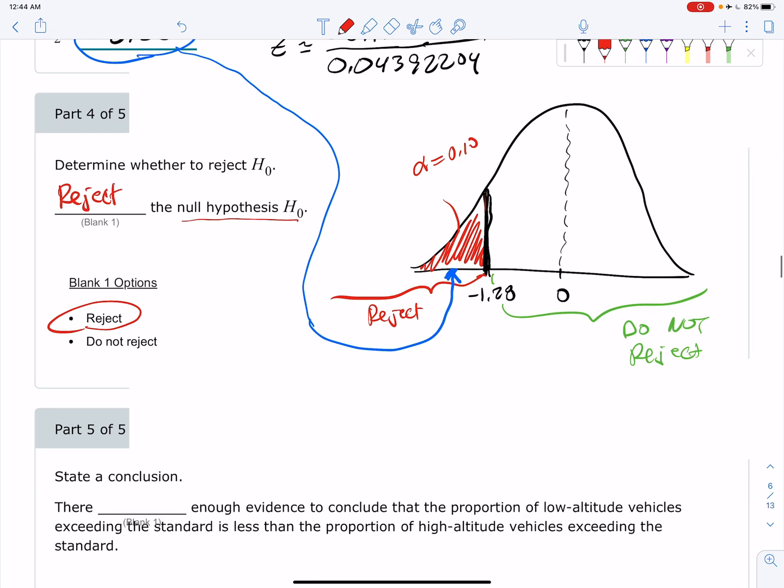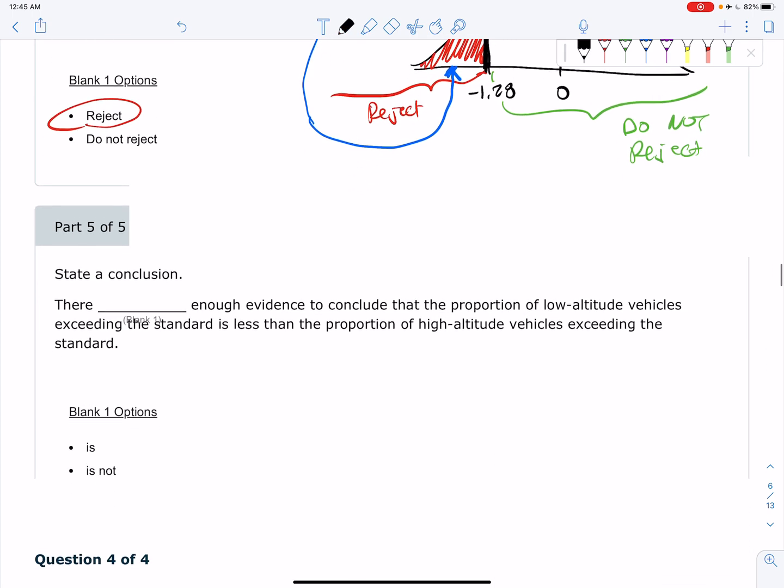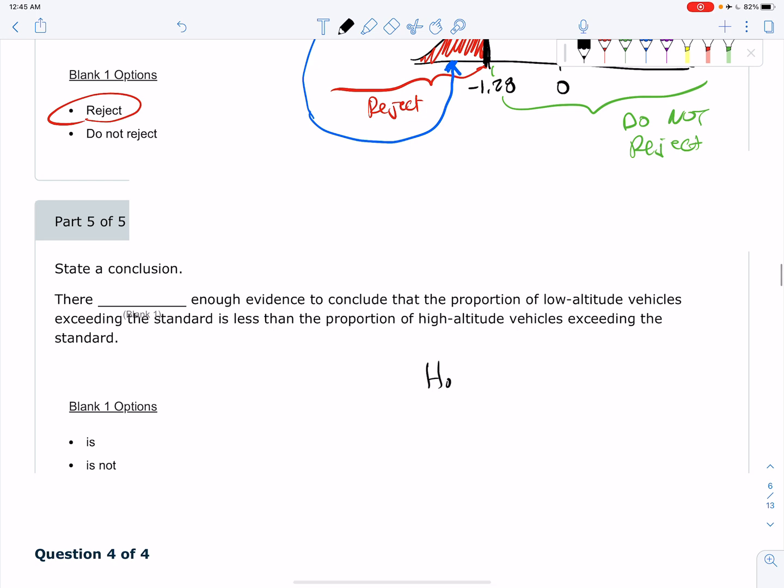So let's think about what that means. Remember, our null hypothesis said that the proportion of the first population is equal to the proportion of the second population. Our alternate is saying that the proportion from the first population is less than the proportion from the second population.